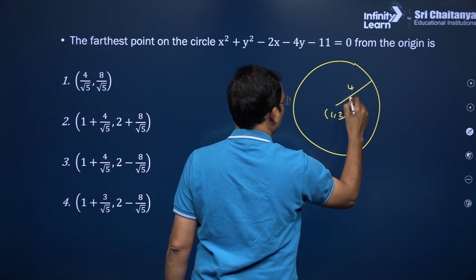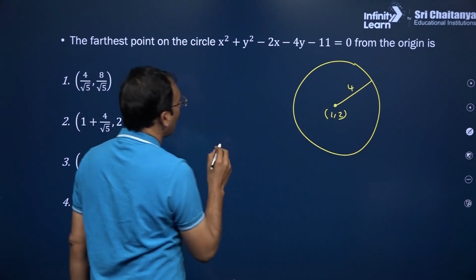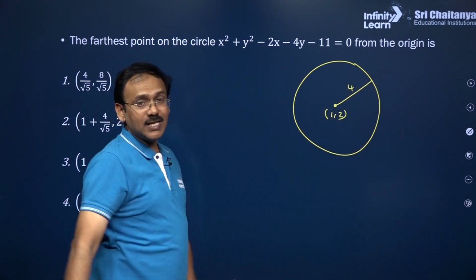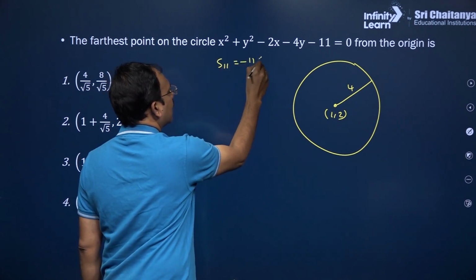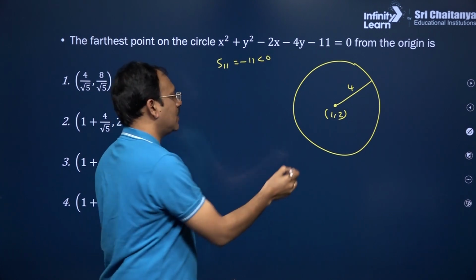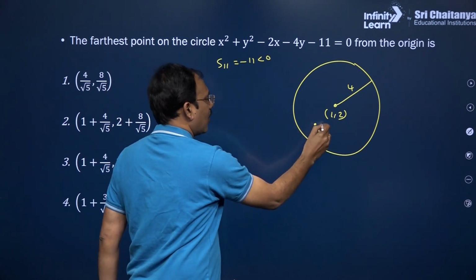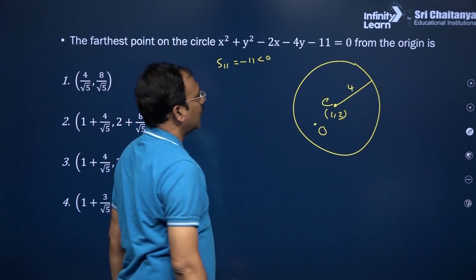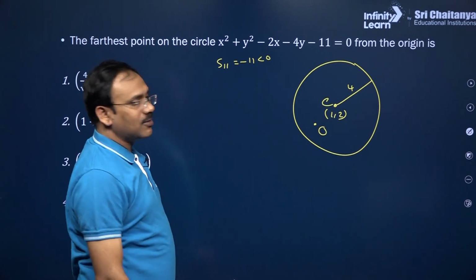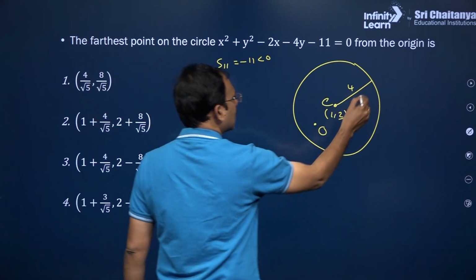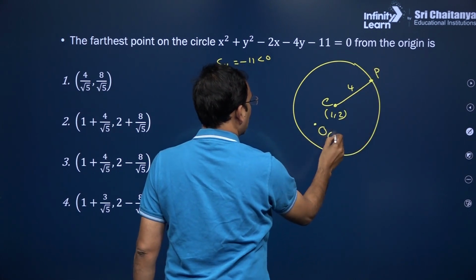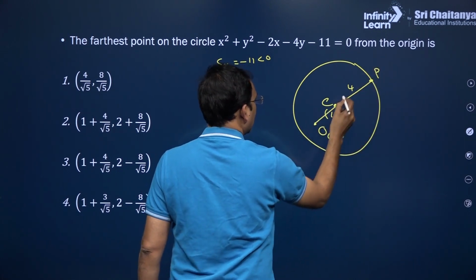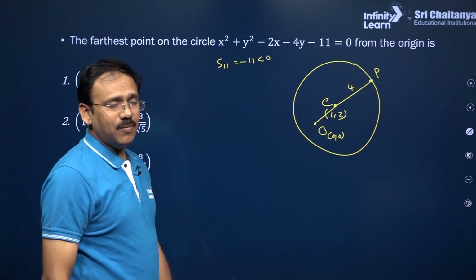Now if you substitute the origin, S11 is negative, S11 is minus 11, so the origin will be somewhere inside the circle. Origin, center C, okay. Now the farthest point on the circle, suppose this is the farthest point P, my dear friends, this is origin 0, 0. Now I just want the point P.